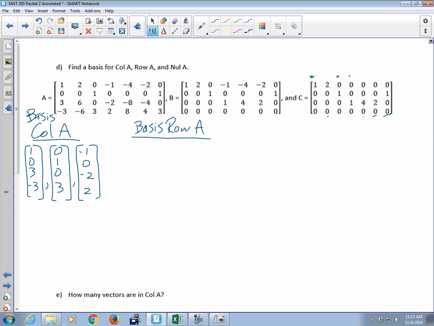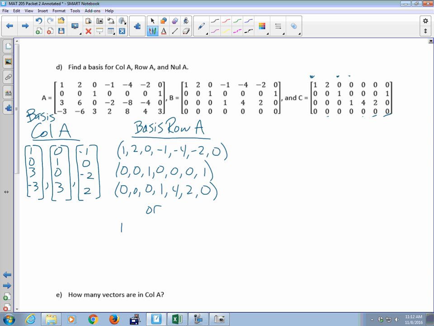So if I use B, I would have 1, 2, 0, negative 1, negative 4, negative 2, 0, 0, 0, 1, 0, 0, 0, 1, and 0, 0, 0, 1, 4, 2, 0. Or first 3 rows of C will also give you a basis for the row space of A.